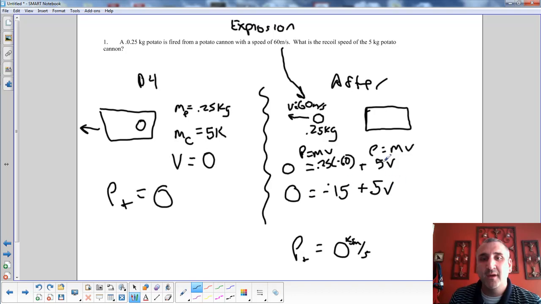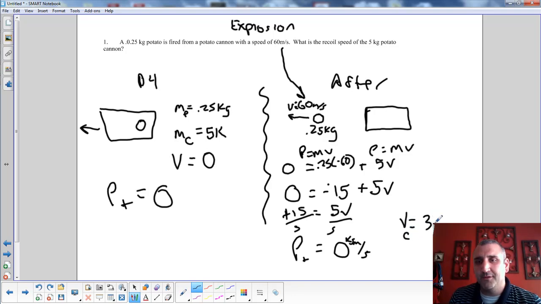How do I get rid of this negative 15? I add 15 to both sides. So positive 15 equals 5v. Divide both sides by 5. My velocity for the cannon will be 3 meters per second in the positive direction.